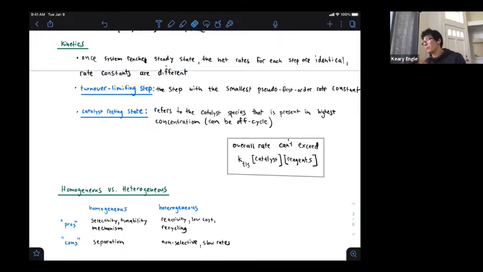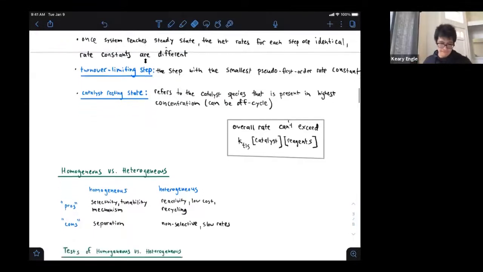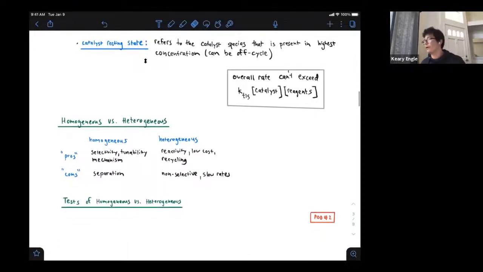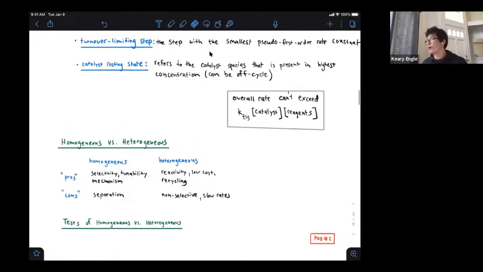And so when we talk about what step is controlling the rate, you have to look at the one where the rate constant is the smallest. Okay, any questions there?